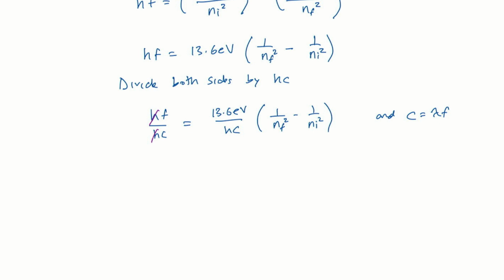Okay, so we have f over lambda f is 13.6 electron volts over hc times 1 over n sub f squared minus 1 over n sub i squared. Okay, so our f's are canceling.